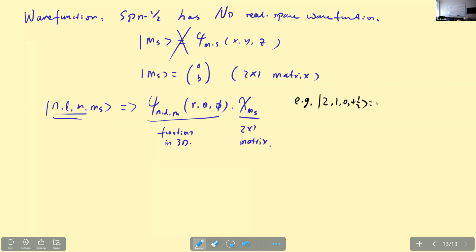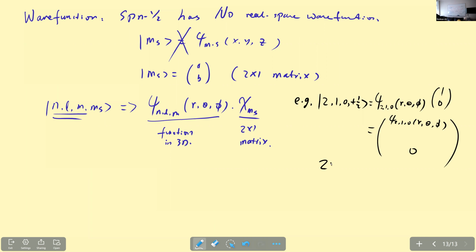That can be written as psi_{210}(r, theta, phi) times the matrix (1, 0), and this one of course can be also written as the matrix with entries psi_{210}(r, theta, phi) and 0. It's a 2 by 1 matrix as a function of r, theta, phi, that's 3D space, right? 3D coordinates.